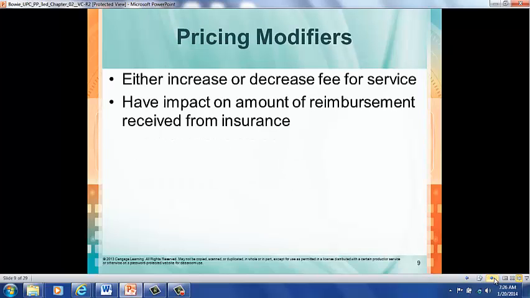The remaining modifiers, often referred to as statistical modifiers or informational modifiers, are used for informational purposes and have an impact on the processing or payment of the code billed, but do not affect the fee. Table 2-2 in your work text lists the statistical informational modifiers.